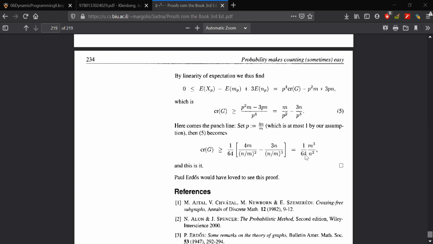So this 1 by 64 factor is actually not going to be very significant for you. If instead of 1 by 64 you had 1 by 1000, then for a graph where you chose m to be 4n, you would now choose m to be 10n and get the same lower bounds. Does this make sense?